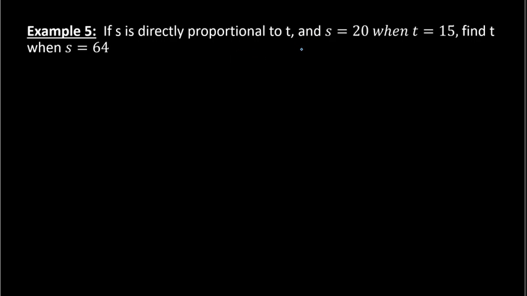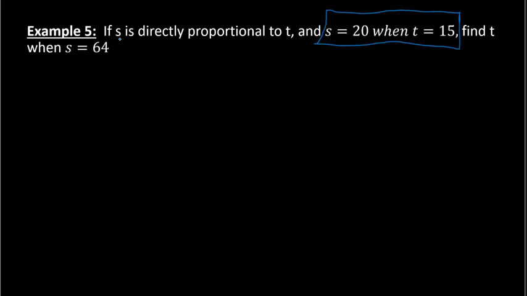So what I have here are two different scenarios. S is 20 when t is 15. So we're going to use this scenario 1 to figure out our constant, figure out what is the relationship between these two values. Okay, and once we find that, we're going to use that constant to solve for scenario 2, where it says find t when s is 64.